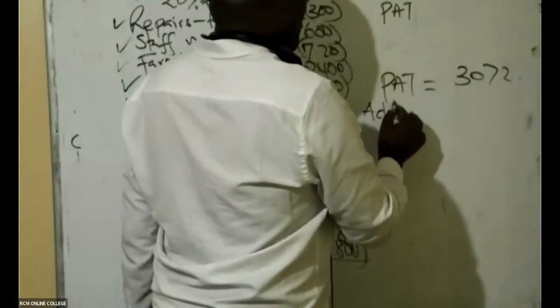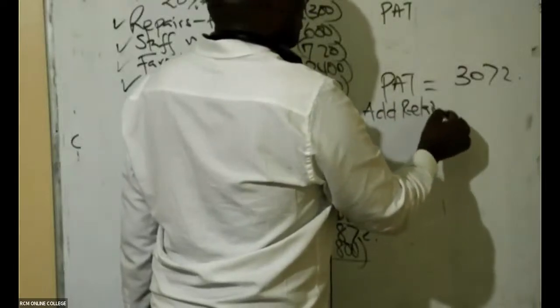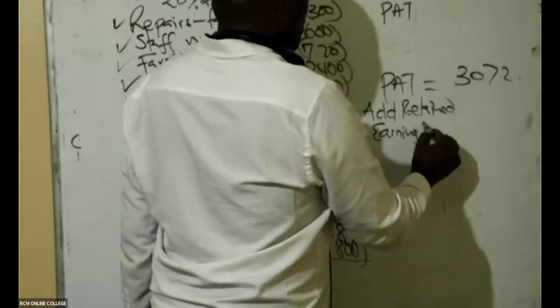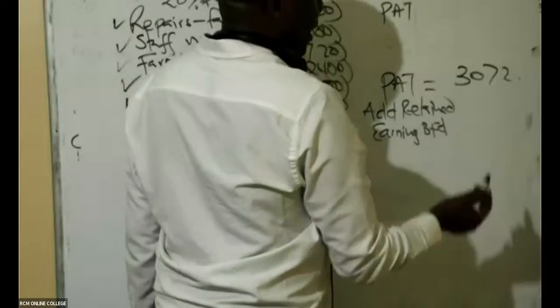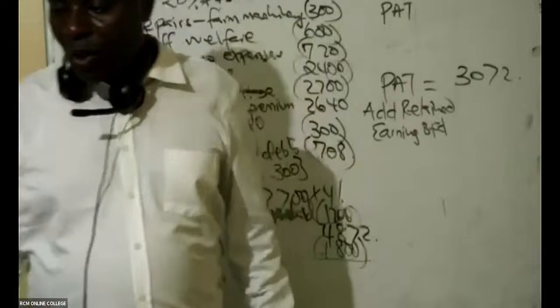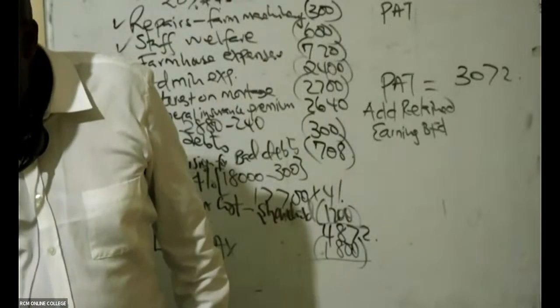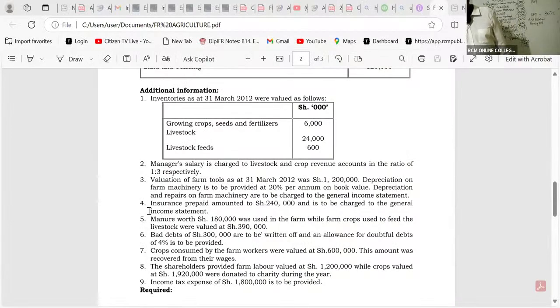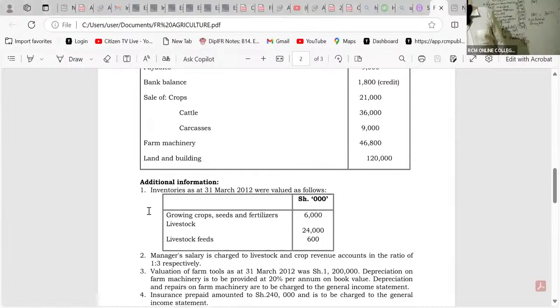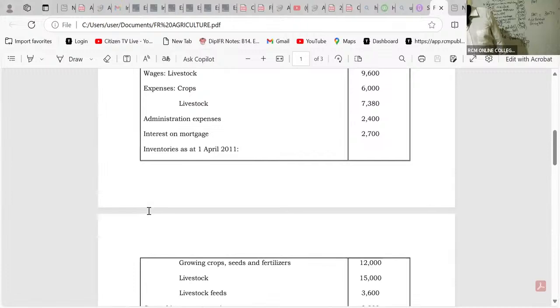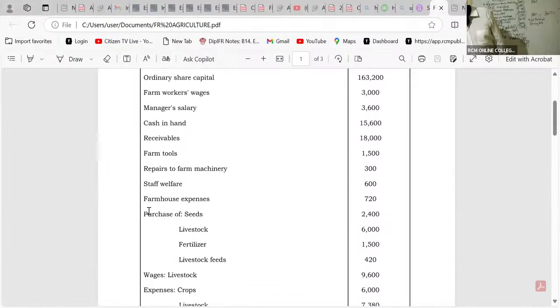Once you get profit for the year, now we have the profit carried forward. Come and add retained earnings brought forward, so that you can take it to the balance sheet. So retained earnings brought forward at the beginning of the year. Anybody who is able to see this retained earnings brought forward from the trial balance?